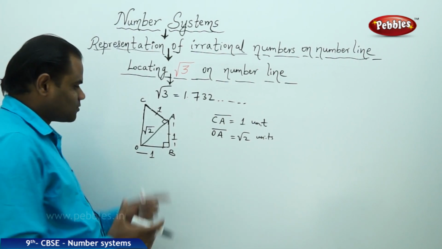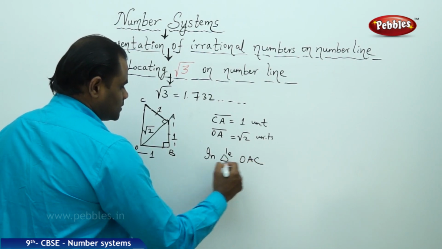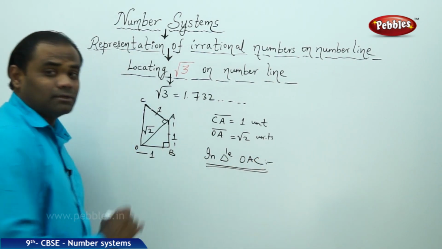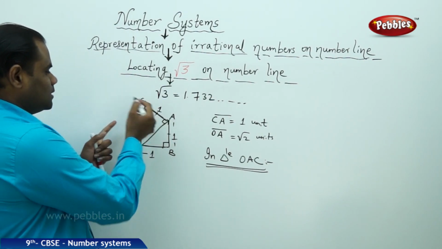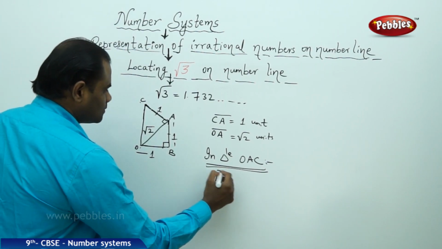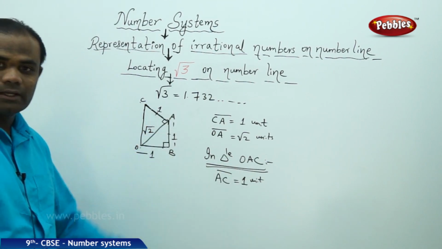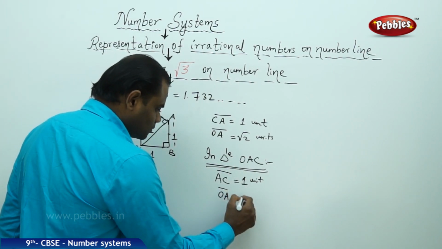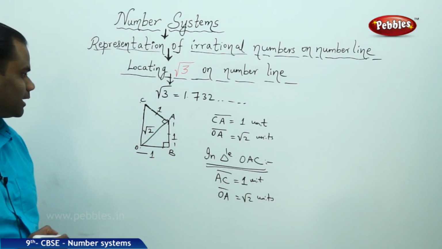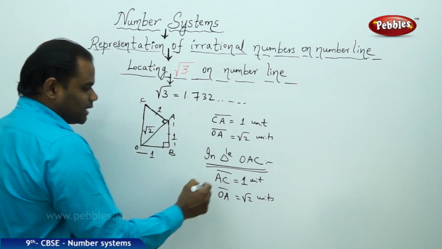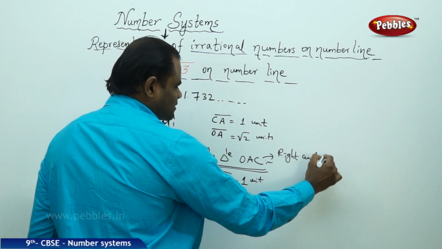Let me just focus on triangle OAC and let's see what we witness from this triangle. As we can see in triangle OAC, AC is 1 unit and OA clearly is root 2 units. And clearly this being 90 degrees, it's a right angle triangle, and therefore the Pythagoras theorem comes into existence.